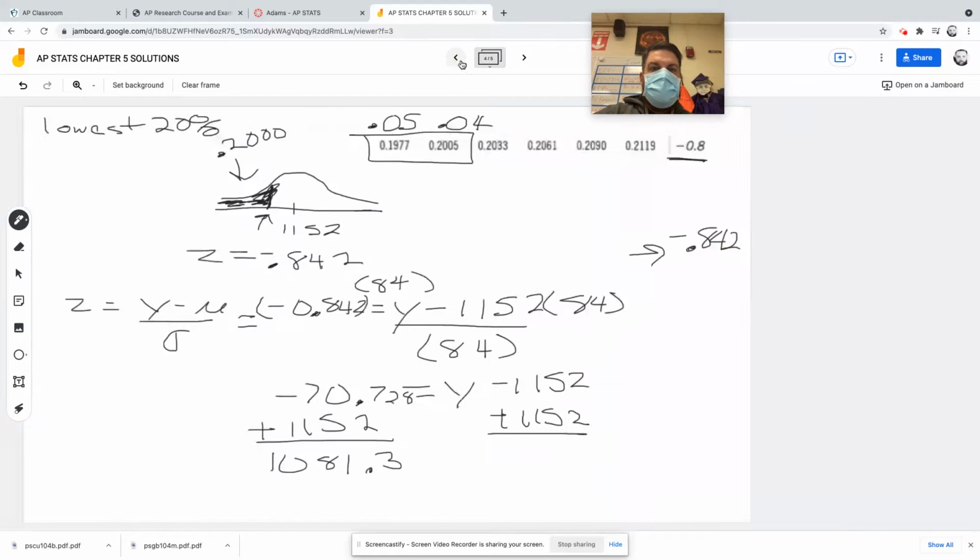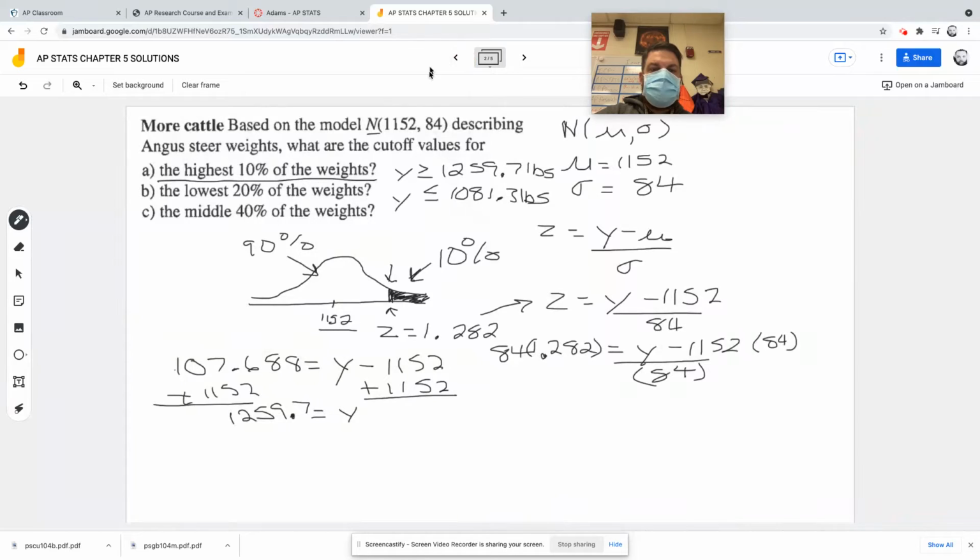So now if I go back for part C, I'm going to write it kind of like this. I'm going to say 1108 is less than or equal to y is less than or equal to 1196. Does that make sense? Did that help?